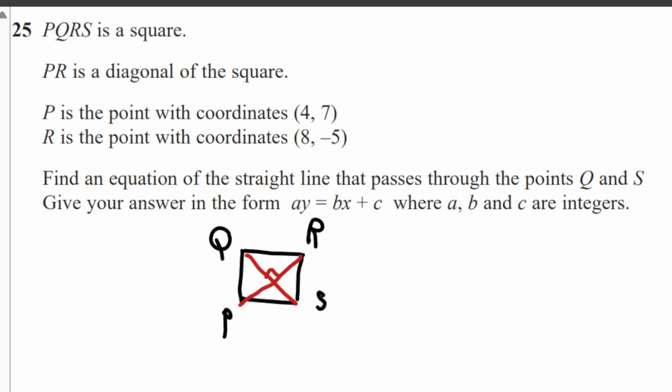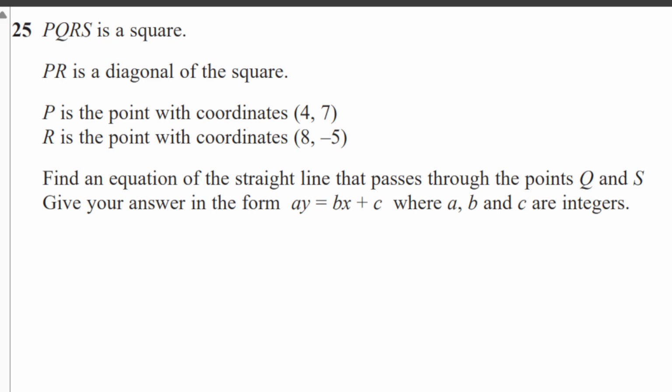That's one thing we need to know. The other thing is, at this point of intersection, this part is equal to this part, and this part is equal to this part. So it's the midpoint. Now this should help you try to solve it.